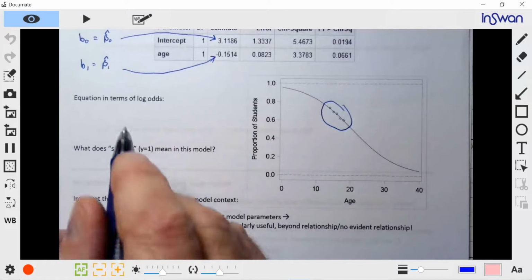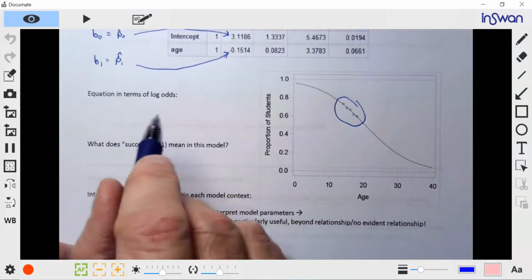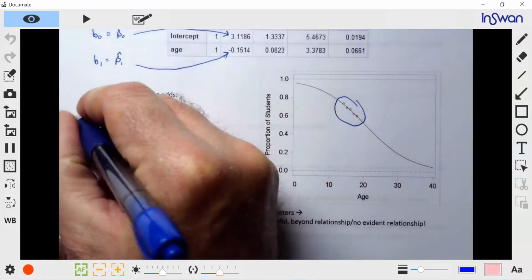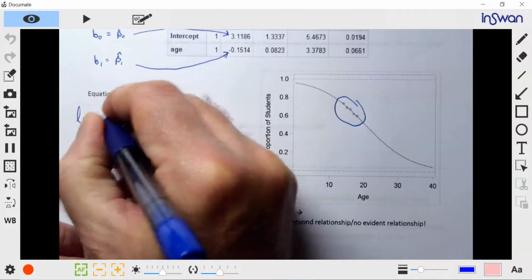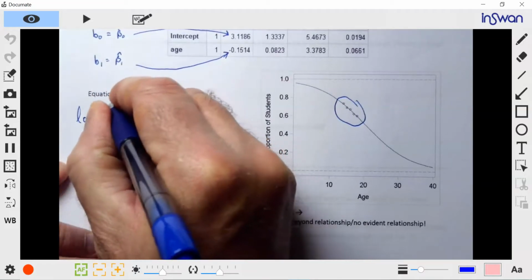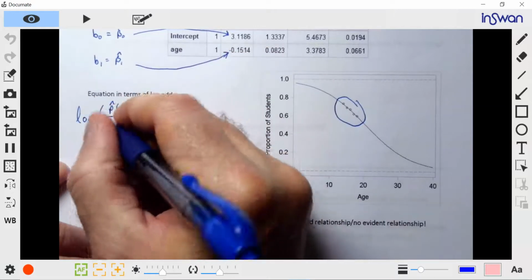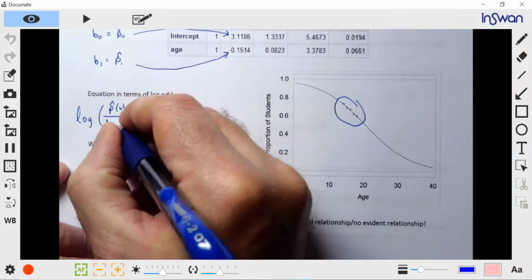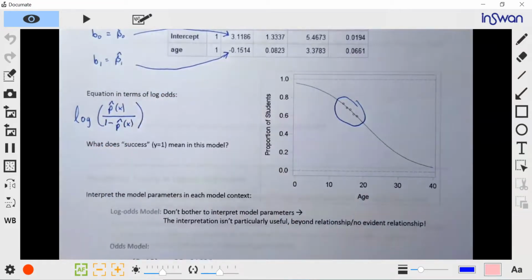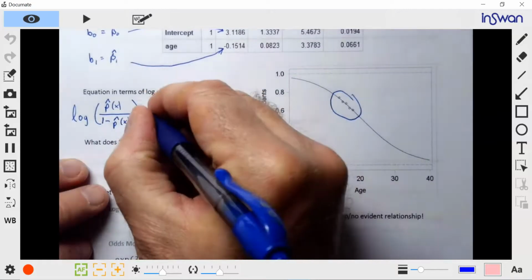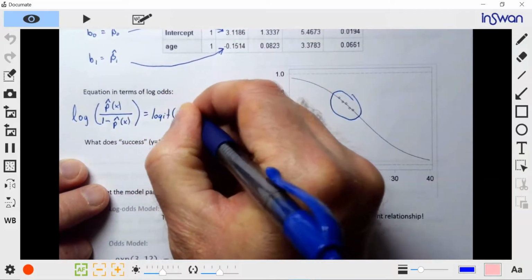This is the type of thing I'm going to ask you throughout this course. What's the equation now in terms of log odds? So remember that log odds, what I'm asking here is the log of p hat of x over 1 minus p hat of x. Since we're dealing with sample data, we can use p hat instead of p. We can also write that as logit p hat of x.